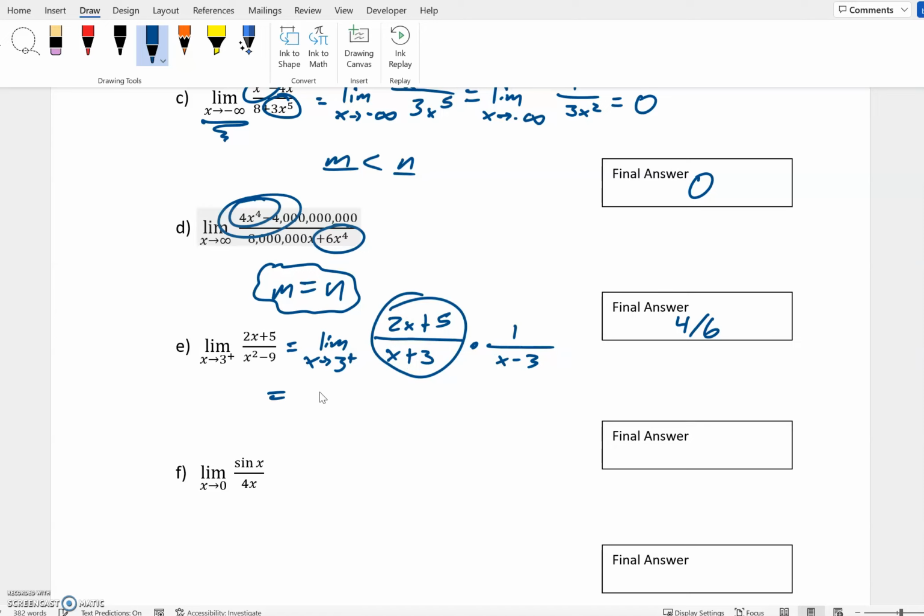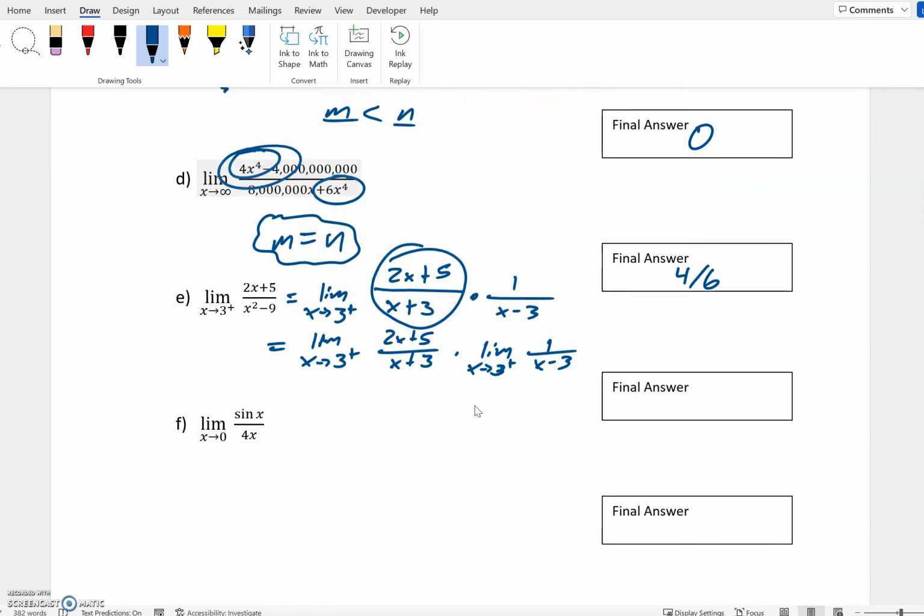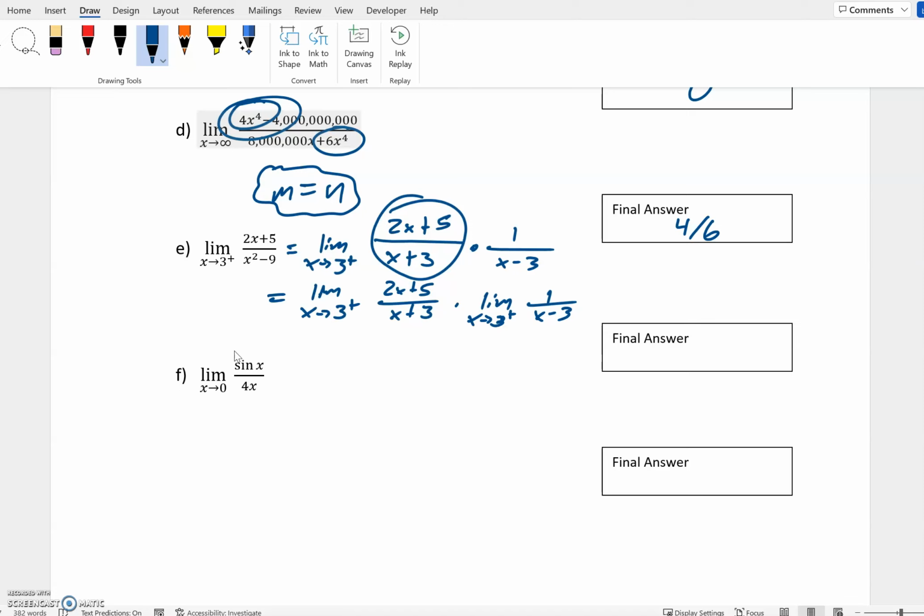So I could say, okay, well, this is really two limits. Going to 3 from the right, I have 2x plus 5 over x plus 3 times the limit of, well, x goes to 3 from the right still, 1 over x minus 3. And this graph looks a lot like 1 over x. So anyway, we could do this and kind of work our way through to figure out what's going on, or we could use a table. So there's a number of different ways to do that.